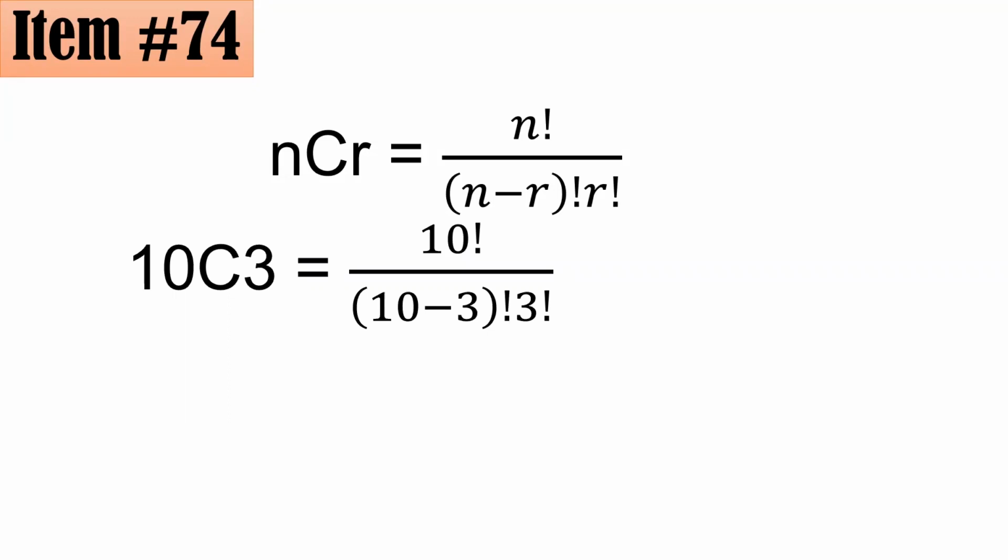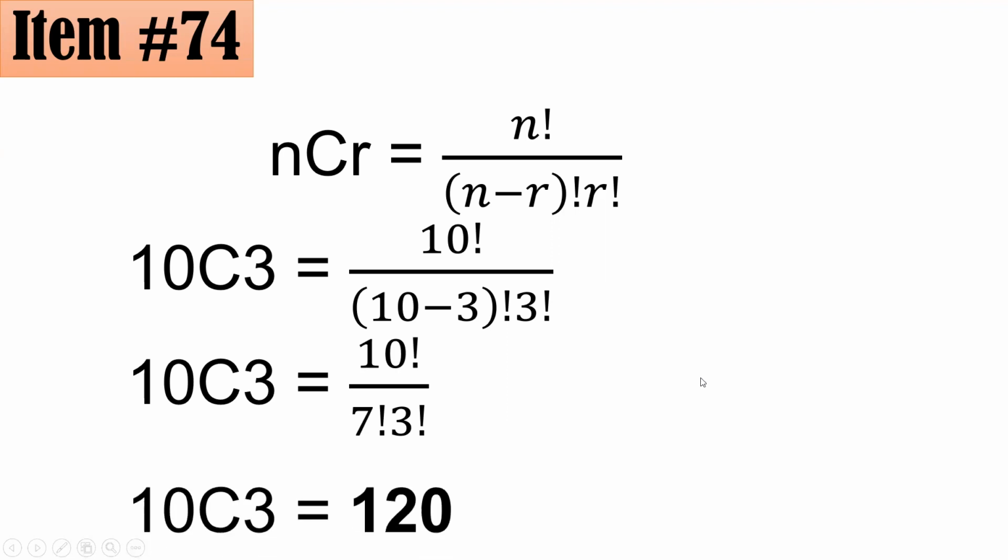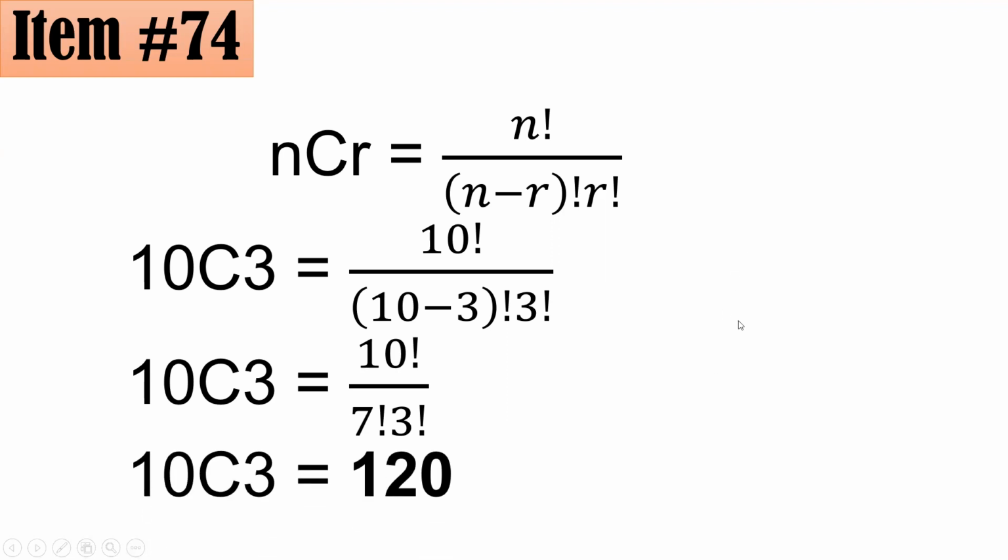That would be 10 factorial all over 10 minus 3 quantity factorial times 3 factorial. Copying everything, and I just simplified the 10 minus 3 here. It became 7 here. And you take the factorial of that. And using your calculators, you could actually see that it's 120.